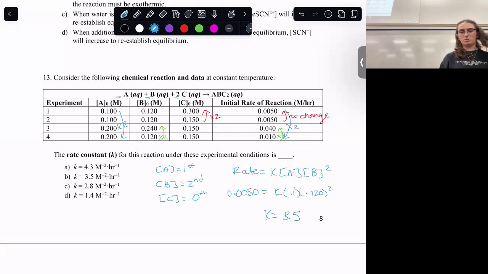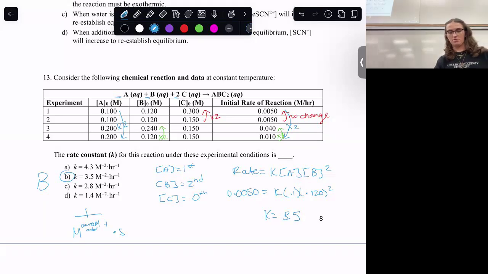And then what should our units be? They're all the same. It doesn't matter. But you should have one less concentration. So molarity to the -2 over hour. If we did 1 over molarity to the overall order minus 1 times seconds, what is our overall reaction order for this?